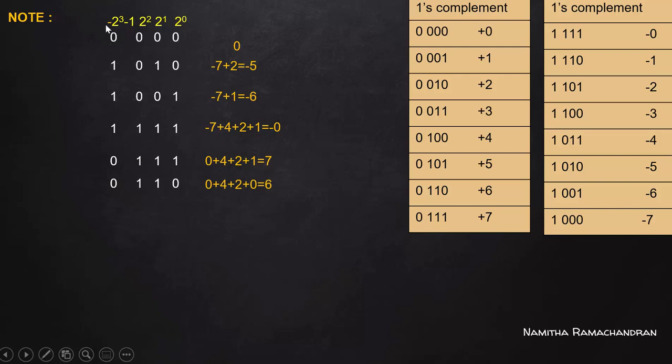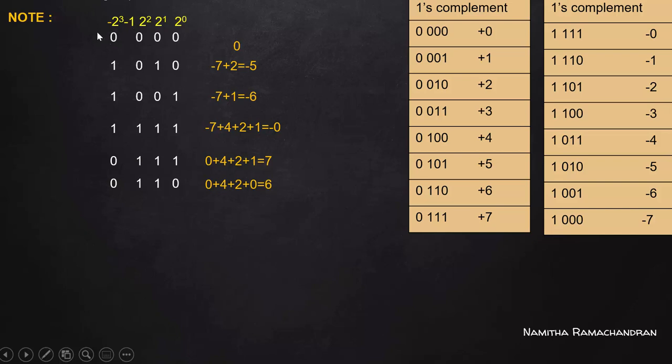Right? This minus is used here because we need to consider the sign of the given number also. Why? Because 1's complement and 2's complemented representations are used for representing both positive and negative numbers. In order to identify the positive and negative numbers properly, we need to consider the sign of the given binary representation also.